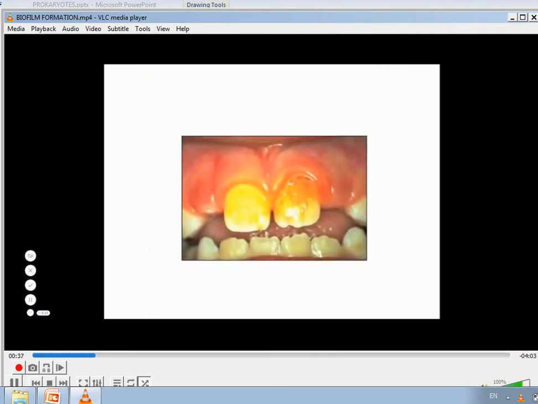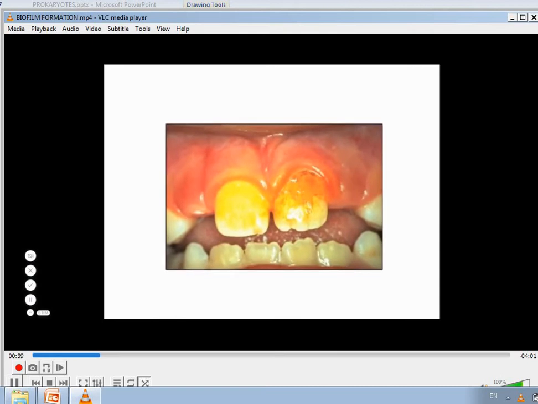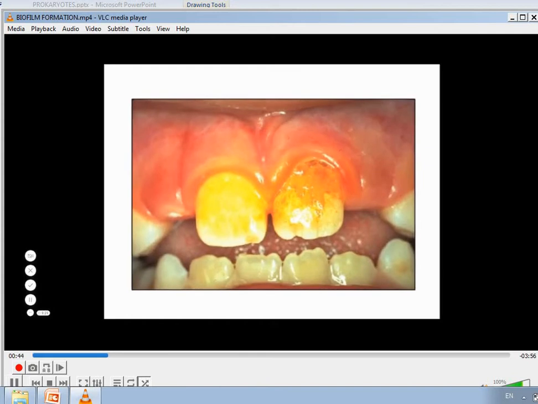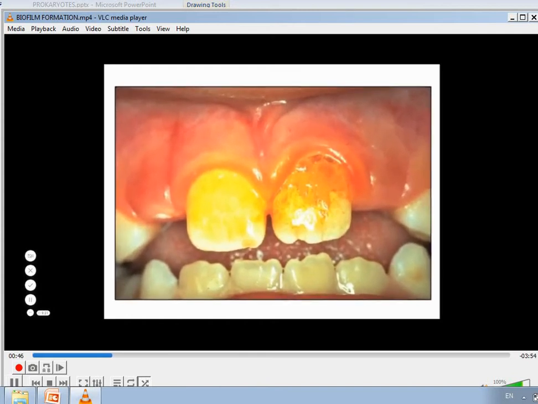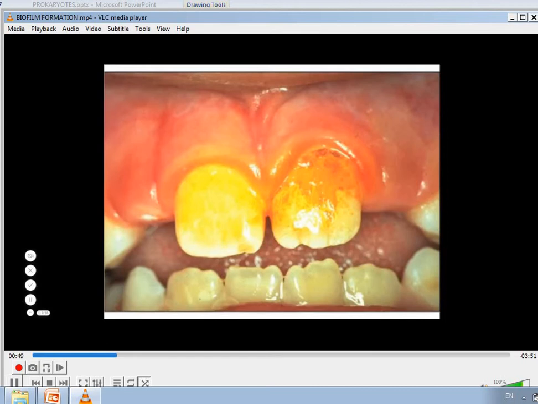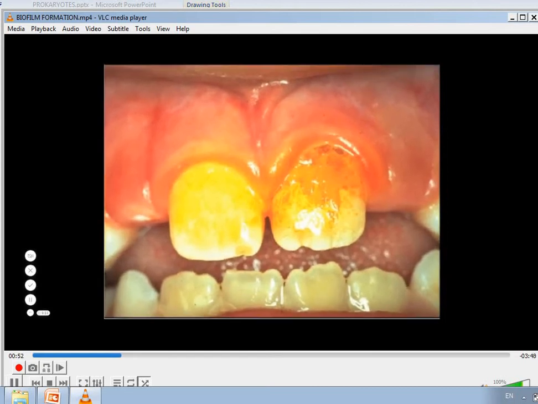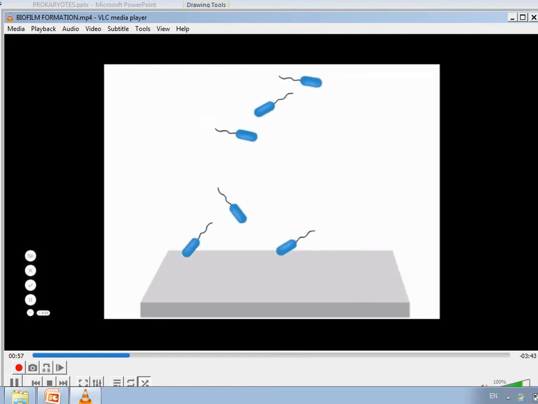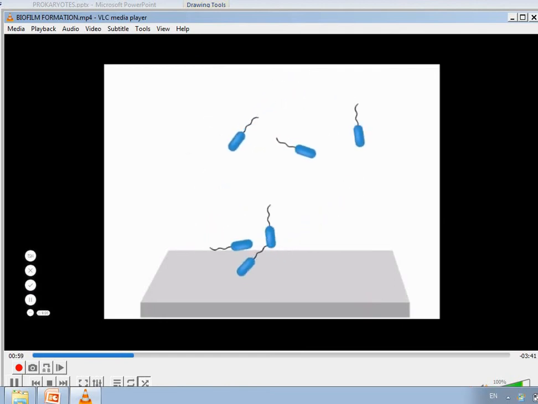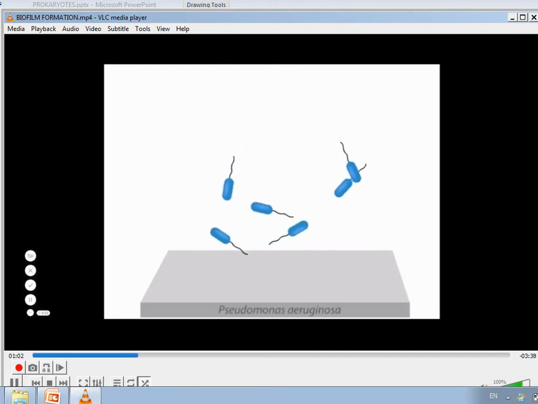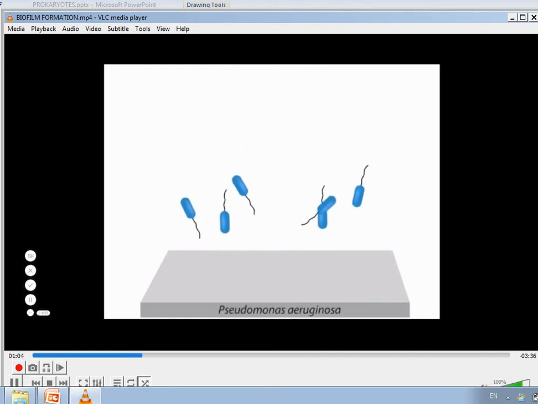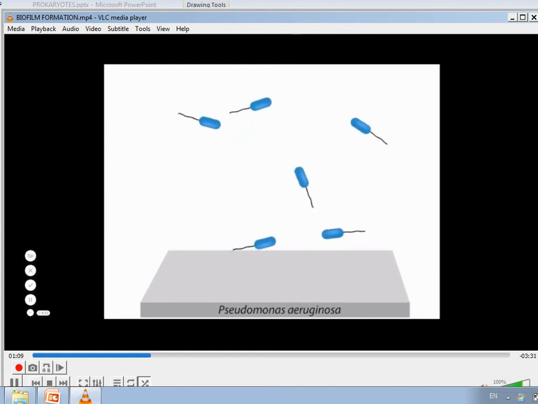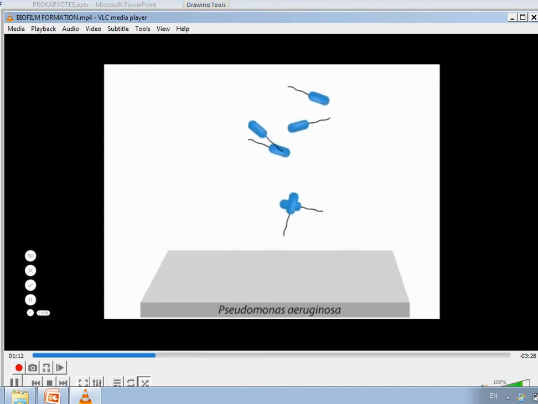Biofilms play critical roles in microbial pathogenesis and environmental quality, and cost the nation billions of dollars each year in equipment damage, product contamination, and medical infections. Most biofilms in nature are consortia of several species, but in some situations, single-species biofilms can form. For example, the gram-negative bacterium Pseudomonas aeruginosa can form a single-species biofilm in the lungs of cystic fibrosis patients. Single-species biofilms are also readily formed in the laboratory.